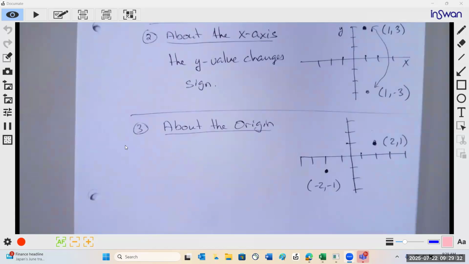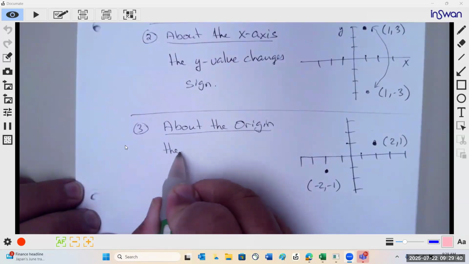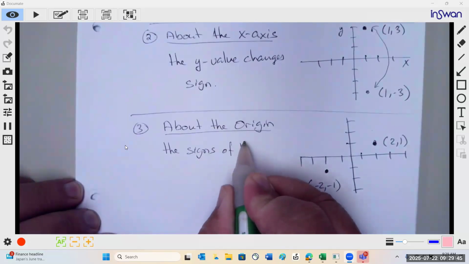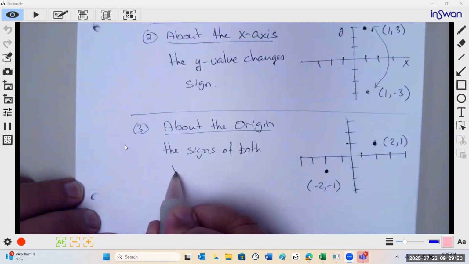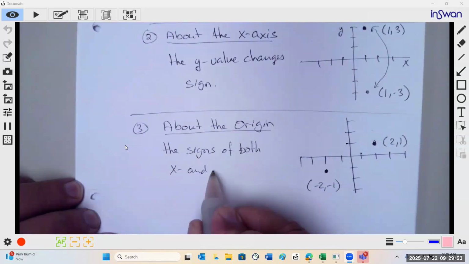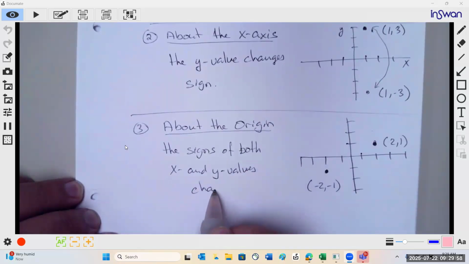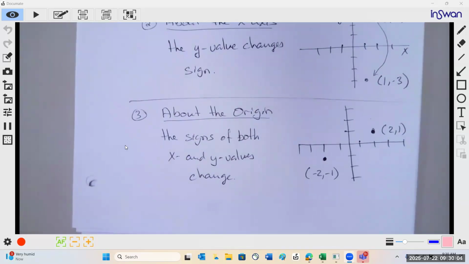So if it's symmetric about the origin, what changes? The signs of both x and y values change. That's all it changes. Not the numbers, only the sign.